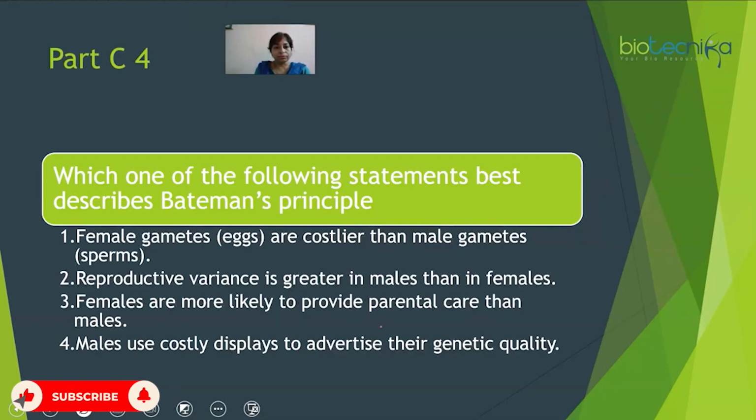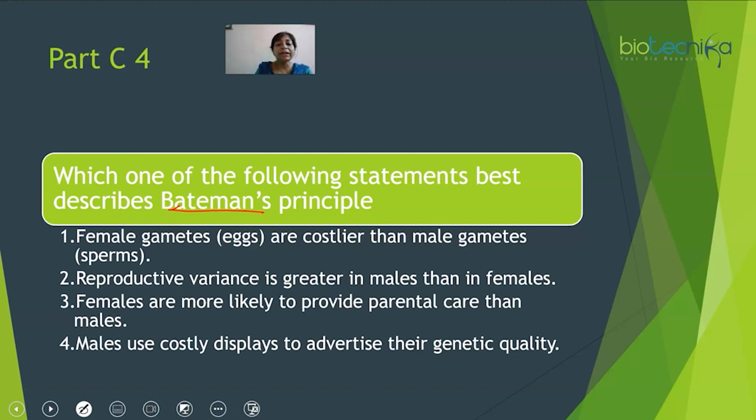Now the last question from unit 11 that was asked in part C. Which one of the following statements best describes Bateman's principle? Bateman's principle talks about the parental investment cost. According to Bateman's principle, in males the reproductive success is decided by how many females they inseminate.